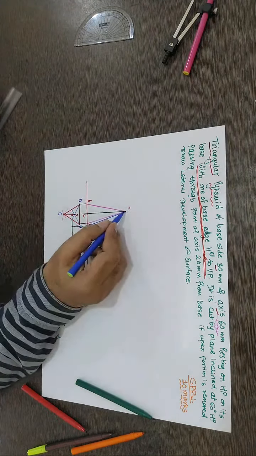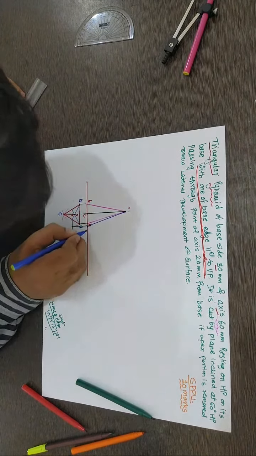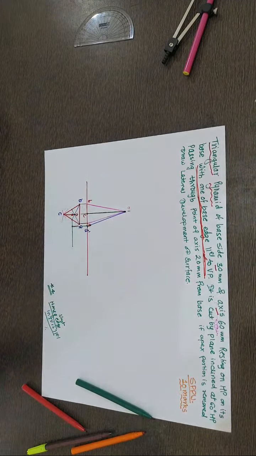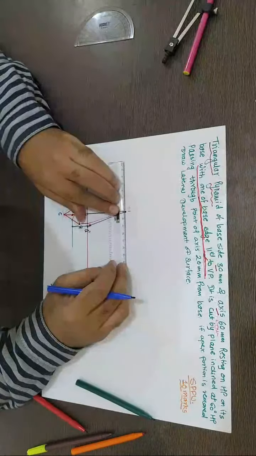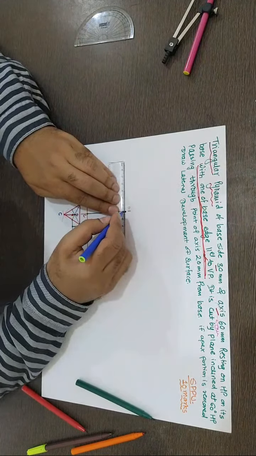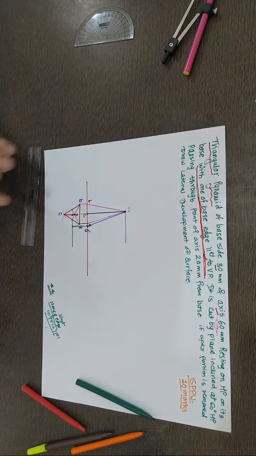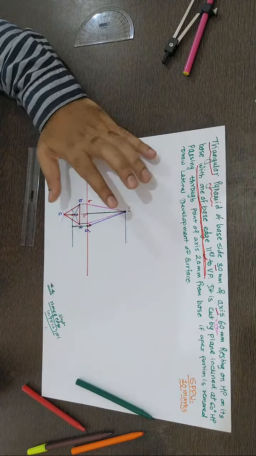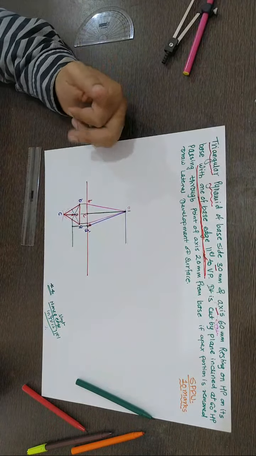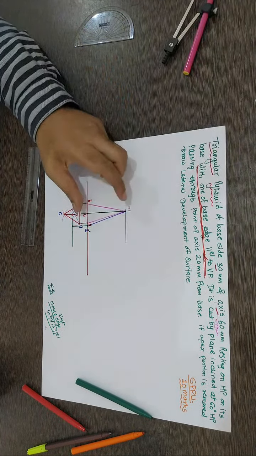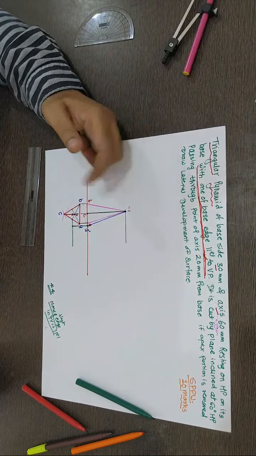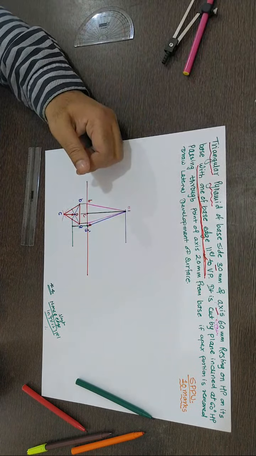Now I'll make this new point as A dash of true length, blue color. Previous was OA, which was not the true length. If you forgot to do this for this problem, then the rest of the drawing or the construction is technically wrong. So this is required only when in the top view none of the edge is parallel.